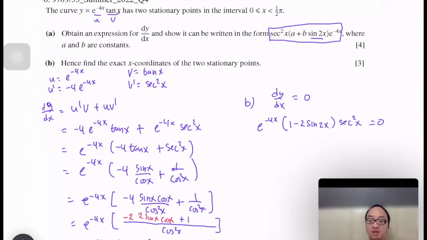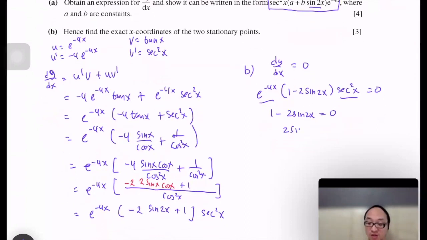Okay, which function can make it 0? e is never 0. Secant is also never 0 because it's 1 over cos, and 1 over cos cannot be 0, right? So the only one that can make 0 is 1 minus 2 sine 2x equals 0.